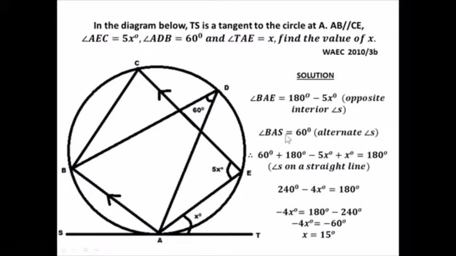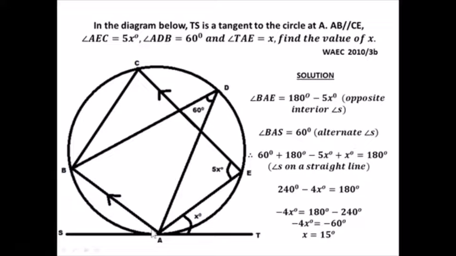The reason being the alternate segment theorem: angles in alternate segments are equal. That is, this angle here is equal to this angle in the alternate segment. So this angle is 60 degrees, and this one is also 60 degrees.